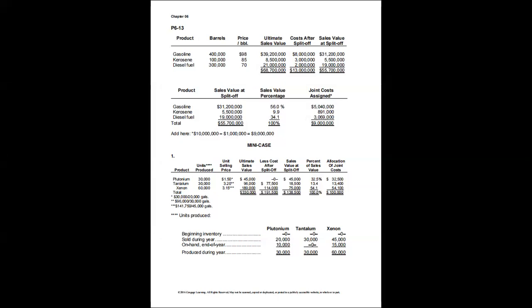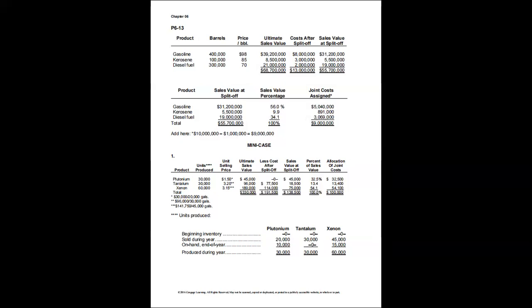So we now have the allocation of joint cost into four. Here we have the products, plutonium, tantalum, and xenon. Units produced are 30,000 for plutonium, 30,000 for tantalum, and 60,000 for xenon.